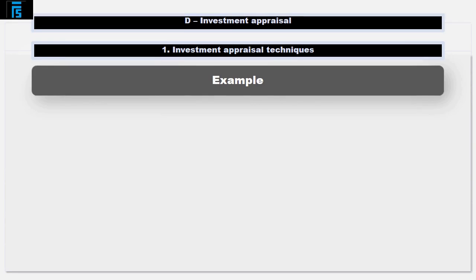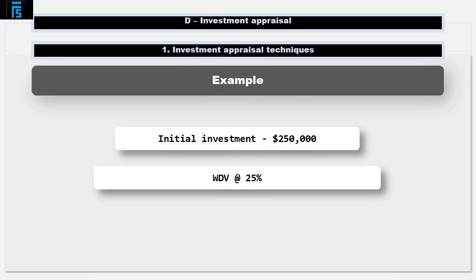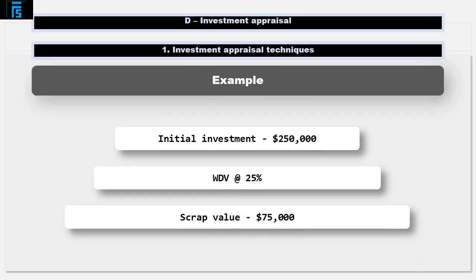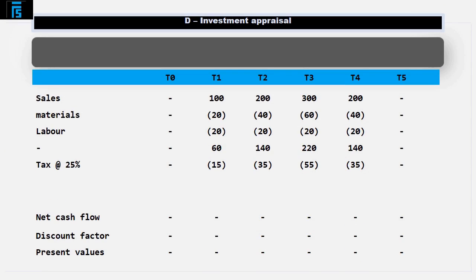Suppose our fictitious company needed to invest $250,000 at the start of the project, and this was eligible for writing down allowances at a rate of 25% reducing balance per annum. Suppose as well that the scrap value at the end of the project was $75,000. Before you get into the writing down allowances, let's include those two amounts on the pro forma.